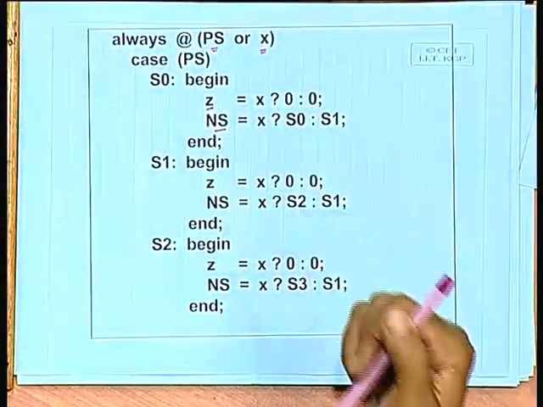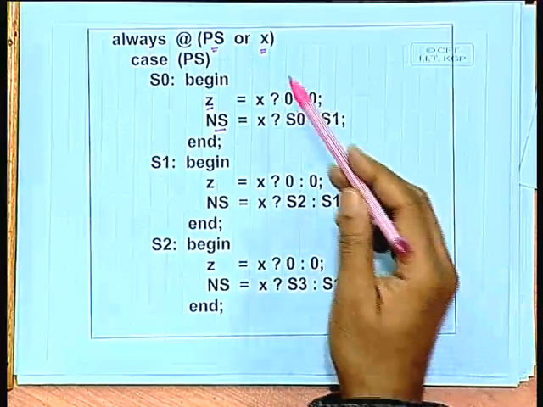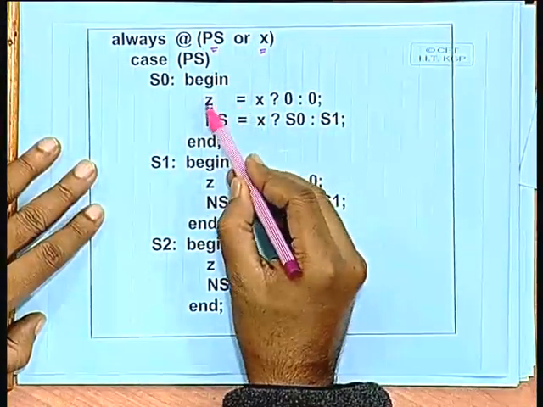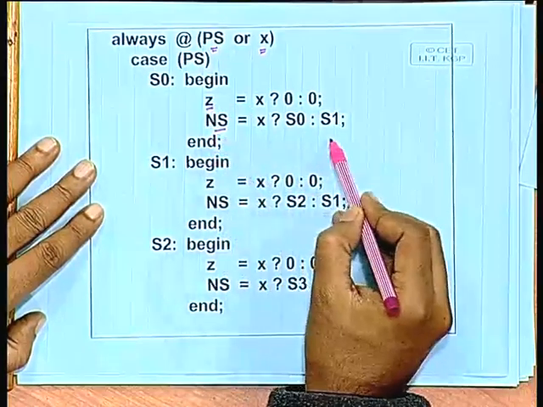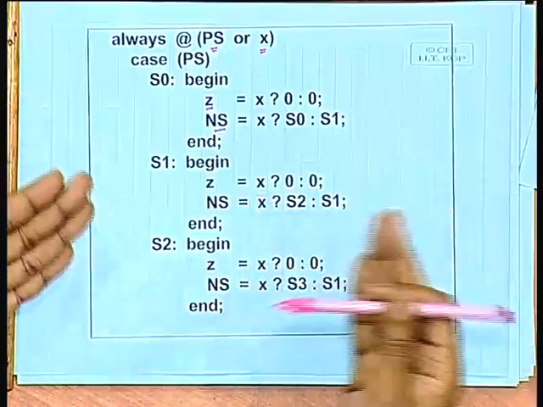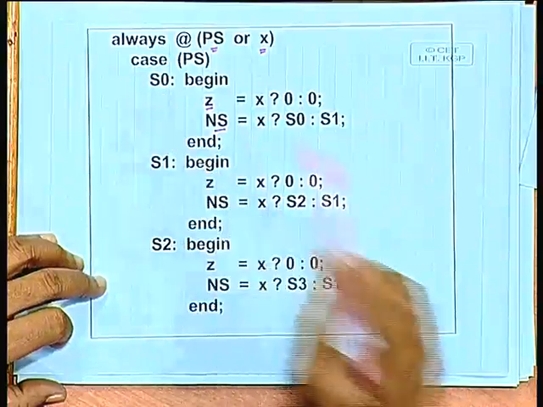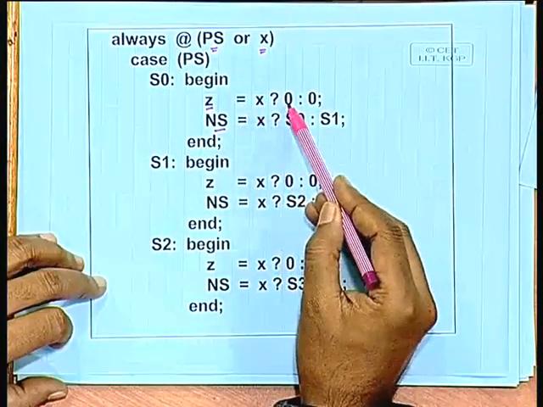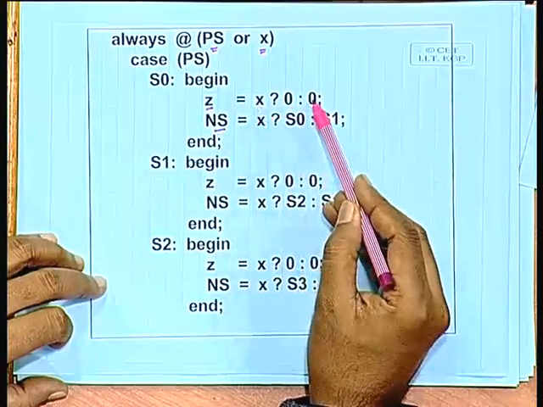Okay. That is why for computing the primary output and the next state, we have used another always block. Now, in this always block, depending on the state, we are computing the primary output, we are also computing the next state. Now, these we have directly taken from the state transition diagram, that if you are in state S0, then if the input is x, then the output is 0, otherwise also output is 0.